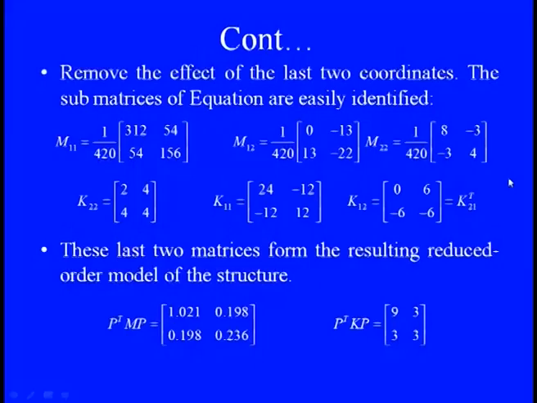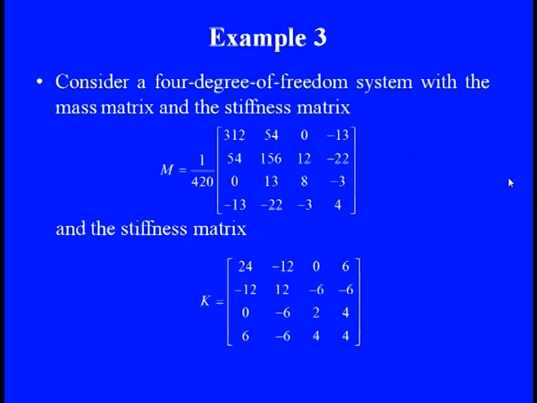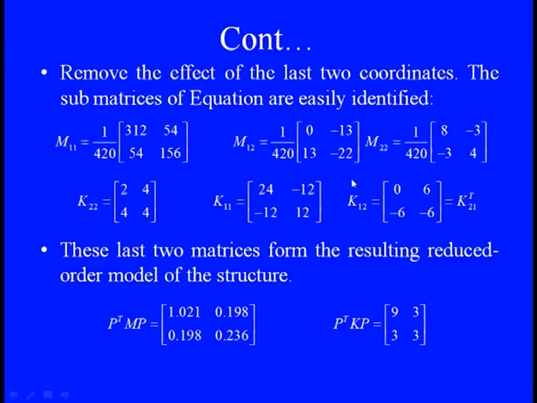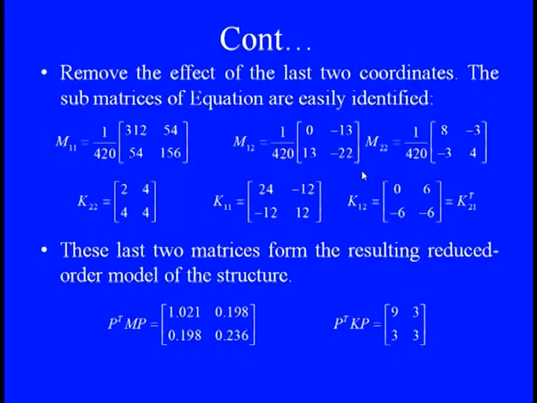Now we want to remove the effect of the last 2 parameters, to reduce the model. So we make sub-matrices of the equations so that we can easily identify the critical parameters, which can be put into significant or insignificant criteria.